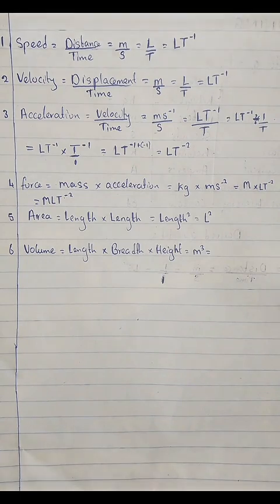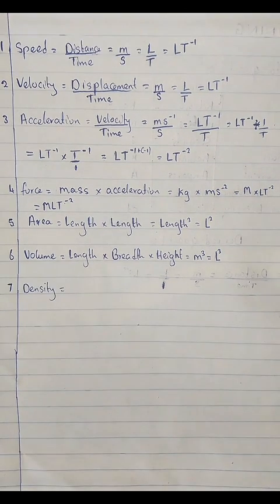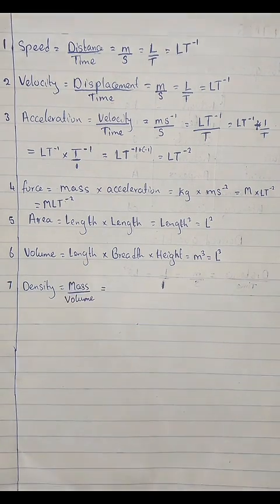Moving over to the next quantity, which is density. Now, what is the formula for density? Is one thing to ask yourself, what is the formula for density? Density is given as mass over volume. So if density is given as mass over volume, recall we already did mass, where we see mass is kilogram and dimensioning for kilogram is M, and we had volume as length cube.